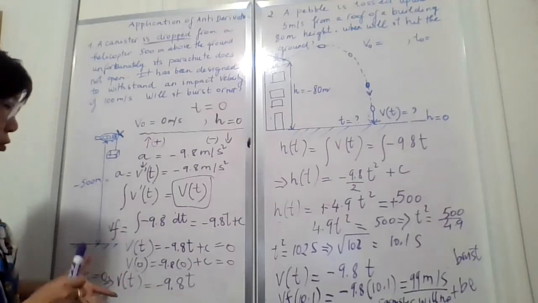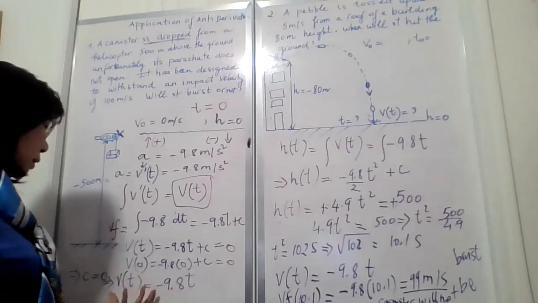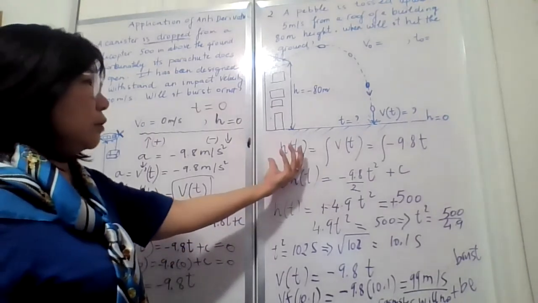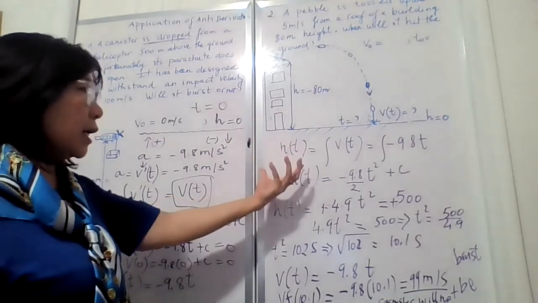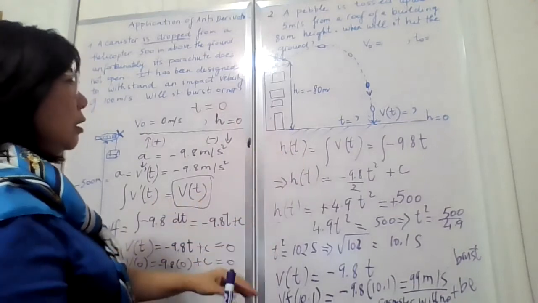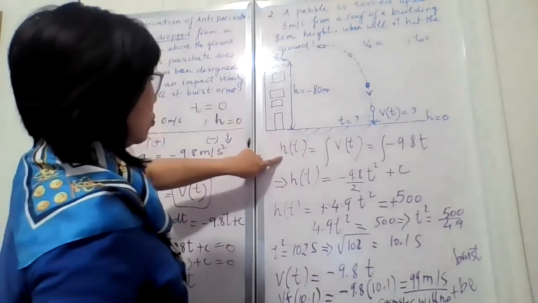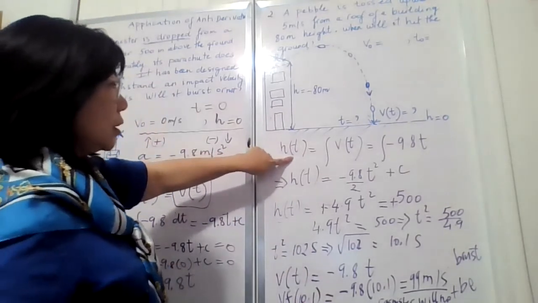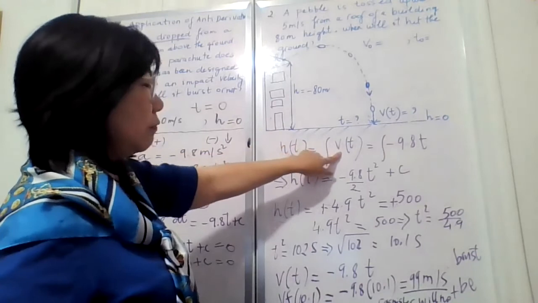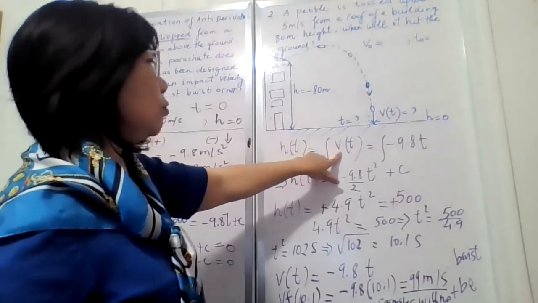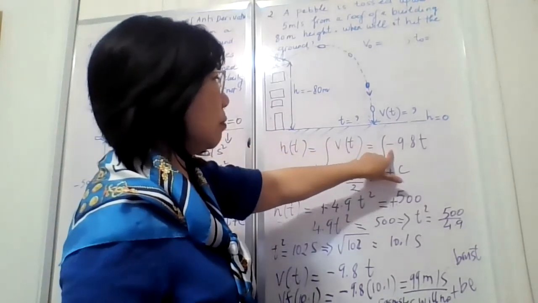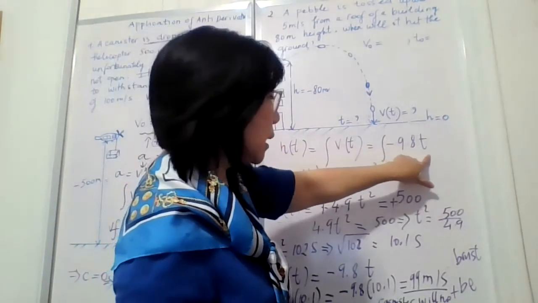Now, we also know that if we integrate the Vt, we get back to the position function, which is how high this object is at any level. So the height with respect to time equals the integration of the velocity Vt, which is the integration of minus 9.8 t.